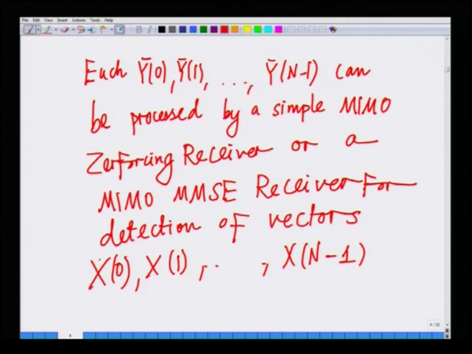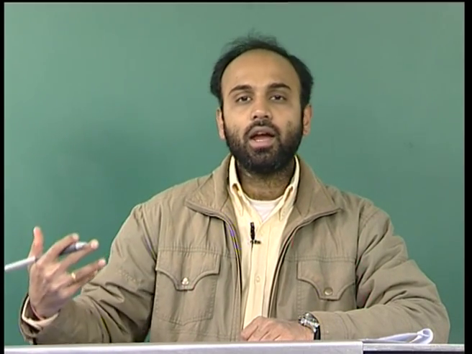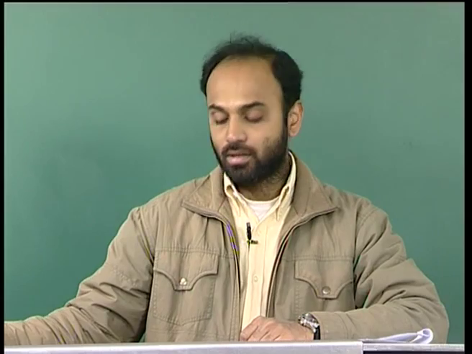What we are doing in the MIMO detection is that you take from each receive antenna the information corresponding to subcarrier 0 and detect x bar 0, which has been transmitted on the 0th subcarrier.